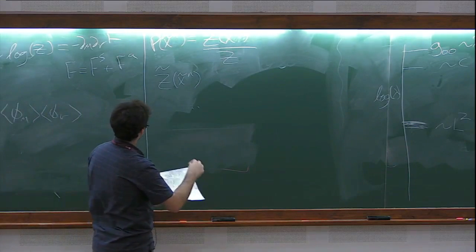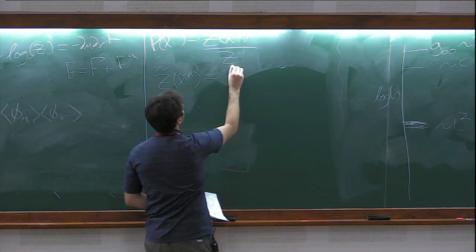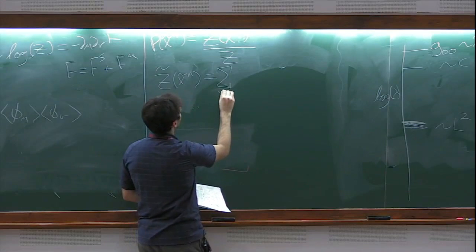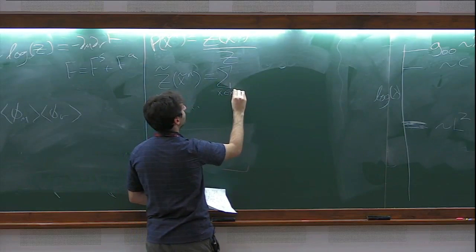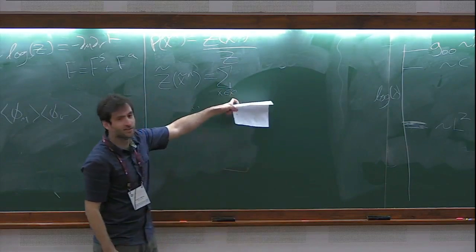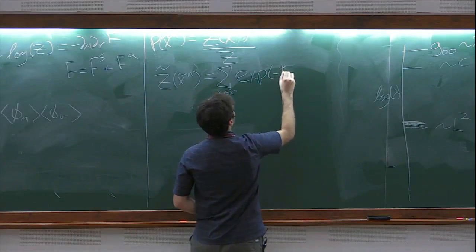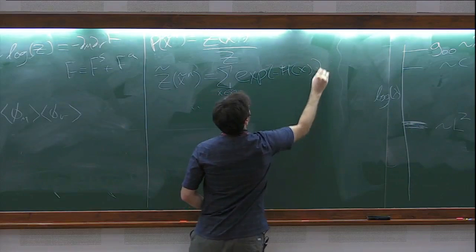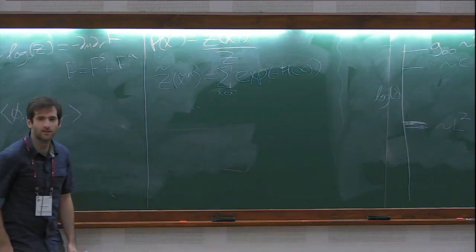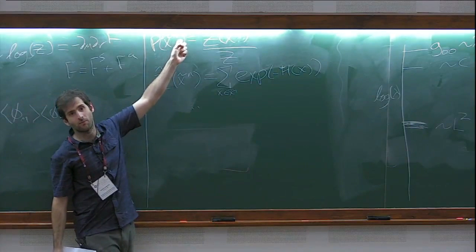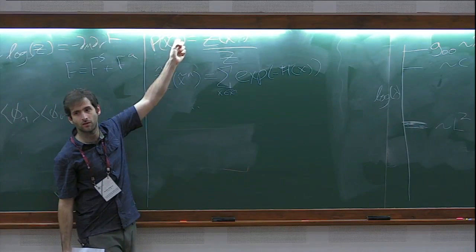So z tilde of x tilde of n is just going to be the sum of x that coarse grain to x tilde of n of e to the minus h of x. So do we agree that this is one way of writing the probability for x tilde of n?